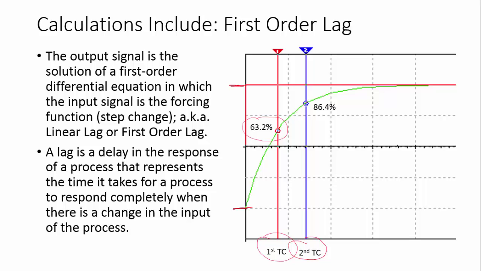What was left over from the first time constant was 36.8%. If you take 63.2% of that, you get 86.4%, and so on and so forth until you get to your fifth time constant, at which point your process should be at the new level of the step change.